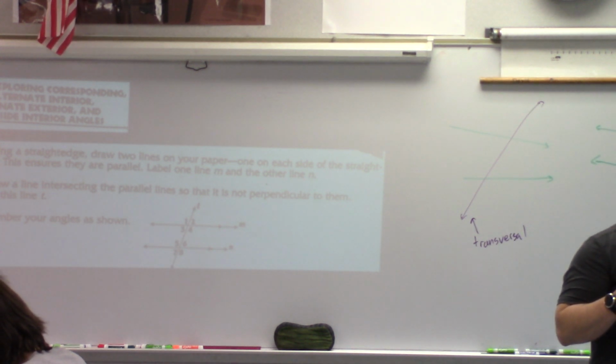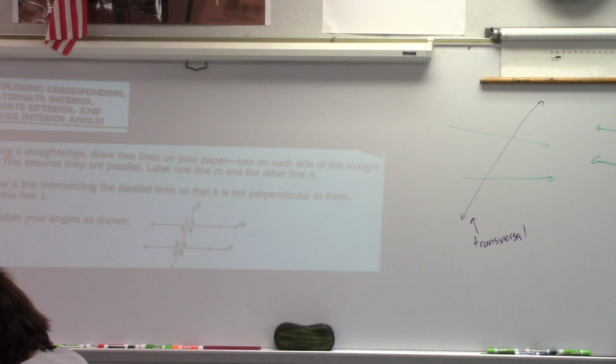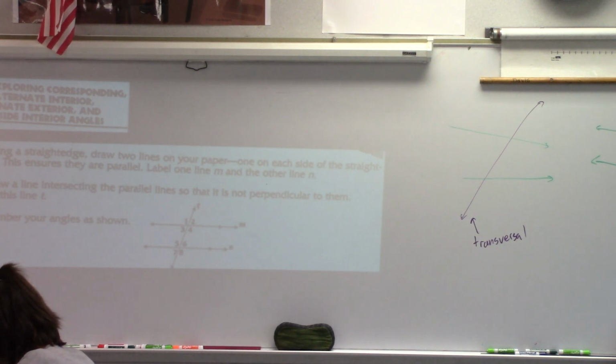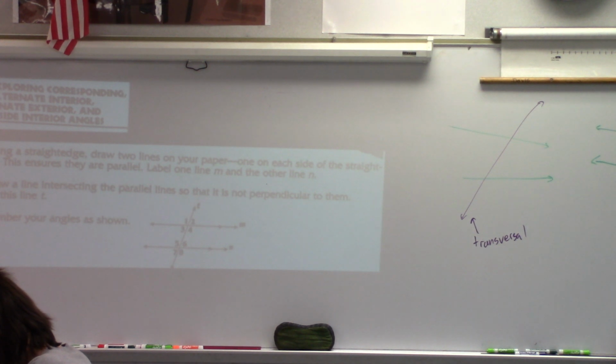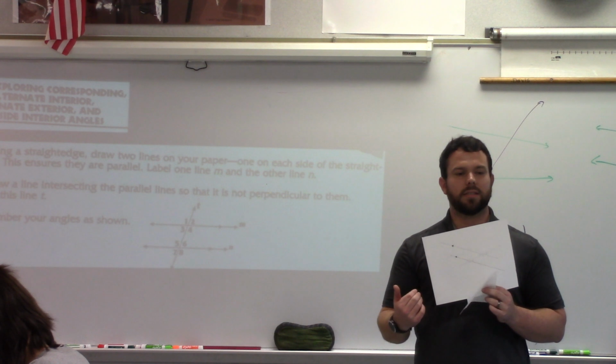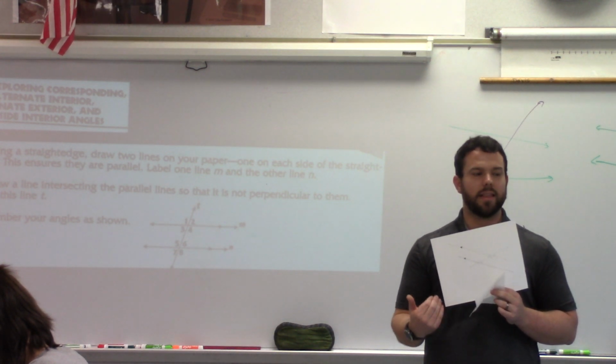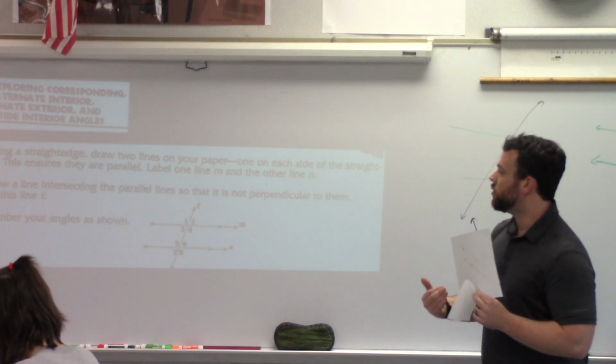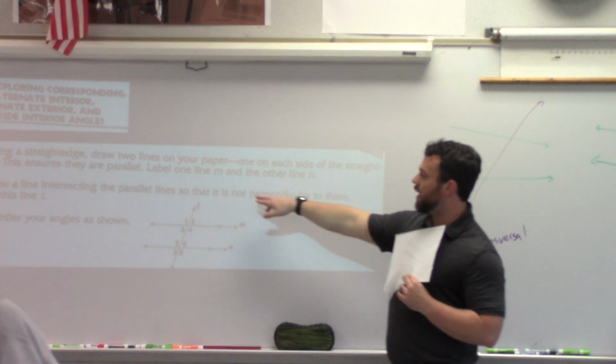You need your parallel lines. It's not hard. Just draw parallel lines. Look, y'all, stop and listen. We're actually trying to learn math today, and this is not a hard one to do. Draw your parallel lines, and what are they going to be labeled?